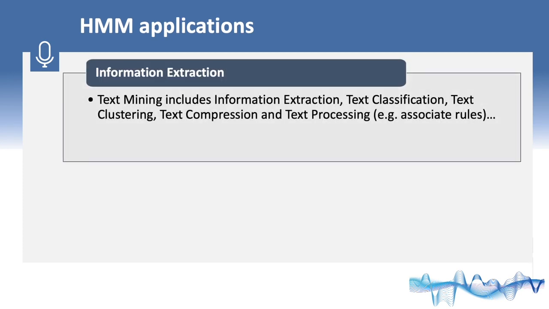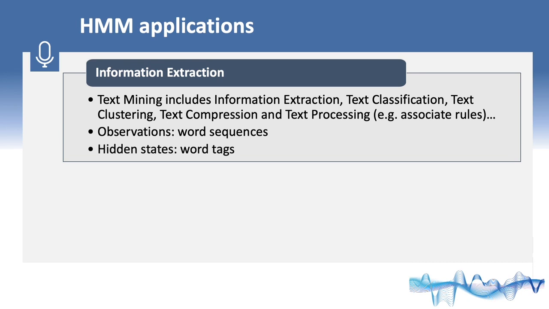Text mining includes different researches like information extraction, text classification, text clustering, text compression, and text processing, for example, association rules. In the application of information extraction, the observations are word sequences.